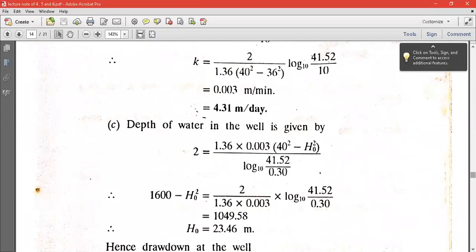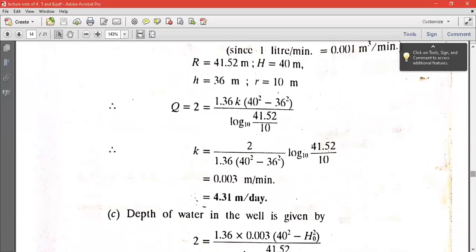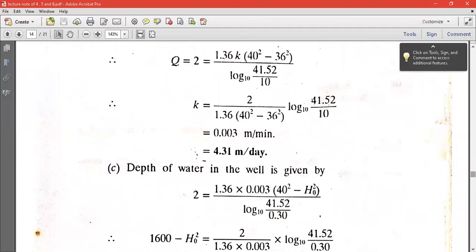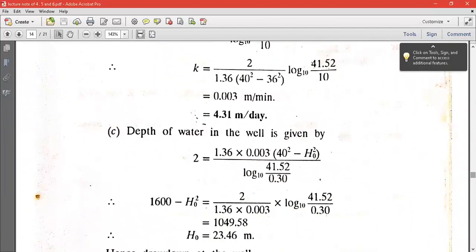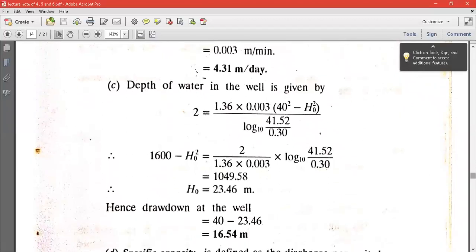Now the discharge is given by 2 equal to 1.36 K into (40 square minus H0 square), where H0 is the head, that means small h, after the drawdown in the well. If H0 can be found out, then the drawdown, the total thickness minus H0, can be found out. So from this expression, H0 is 23.46 meter.